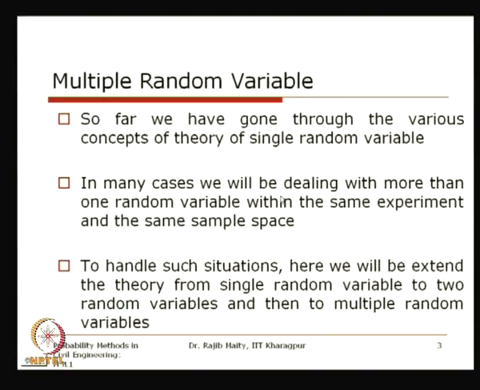As I told you, so far we have gone through the various concepts of the theory of a single random variable, and in many cases we will be dealing with more than one random variable within the same experiment and the same sample space. Before I go to the civil engineering problem, an example is the throwing of dice.